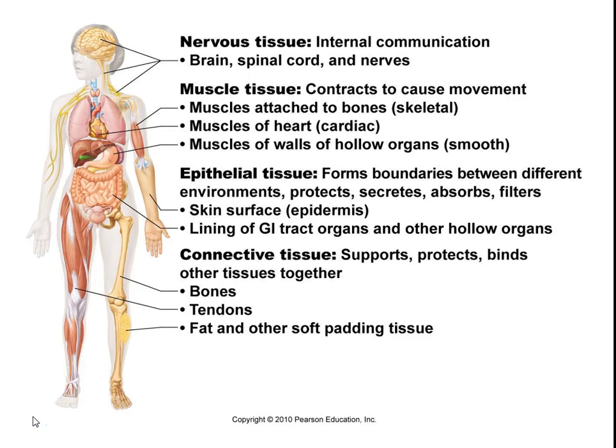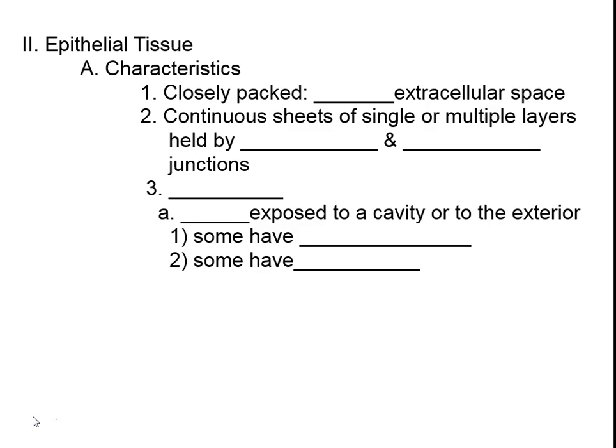So we have nervous tissue, muscle tissue, epithelial tissue, and connective tissue. So we're going to start with the epithelial tissue and look at some characteristics and then learn the different types of epithelium. Epithelial tissues are closely packed. There's very little extracellular space between epithelial cells because we're almost building a wall around something if they cover or line.